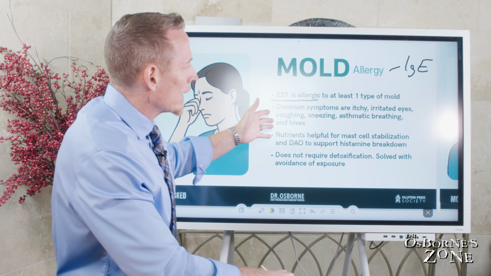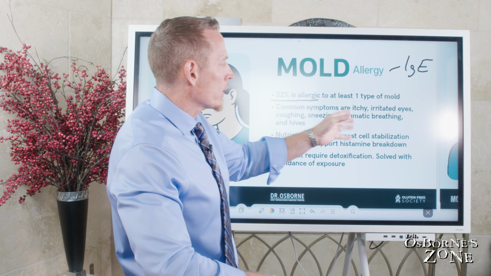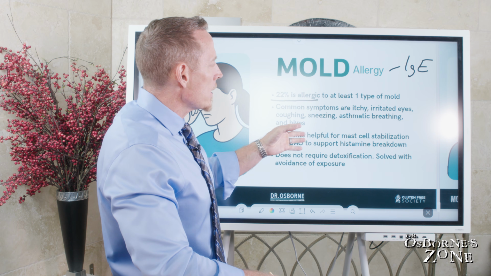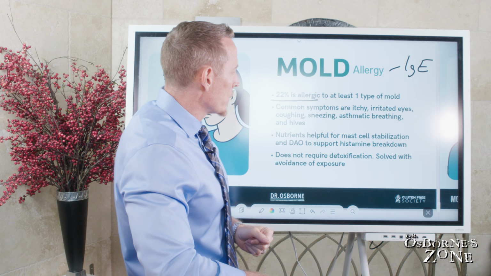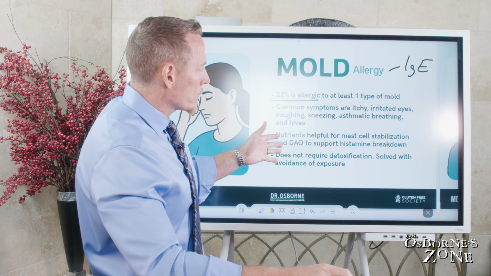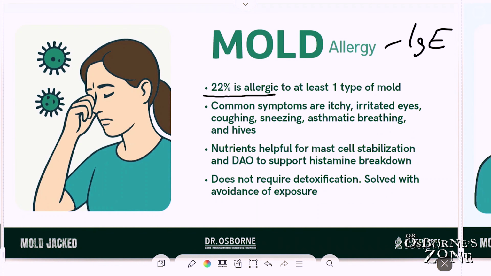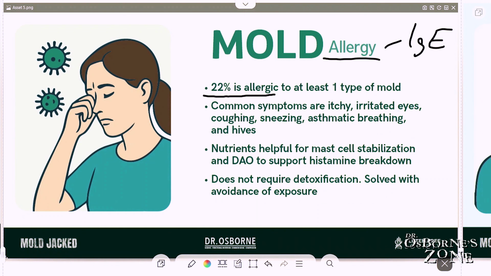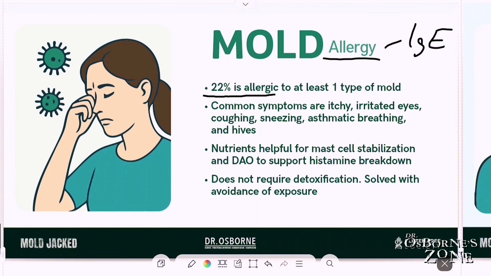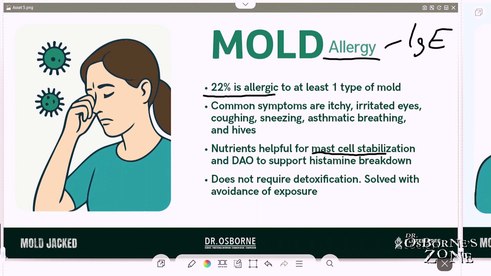Common symptoms for allergy include itchiness, irritated eyes, coughing, sneezing, asthmatic breathing, and hives. We know that nutrients can be very helpful if you are exposed to mold in your general environment. And so some of those nutrients are helpful for the control of what's known as mast cell destabilization.